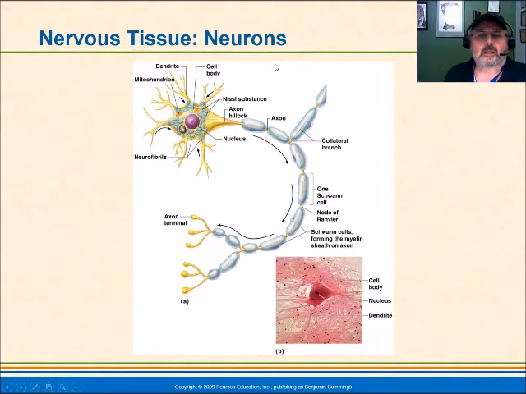Now, to decide whether it sends a signal, it gets input from dendrites, and you can have thousands of dendrites going in. So a cell, I think on average, has about 6,000 separate dendrites that go to it, and it's the accumulation of input that says do something or don't do something that decides whether we end up sending a signal or not.